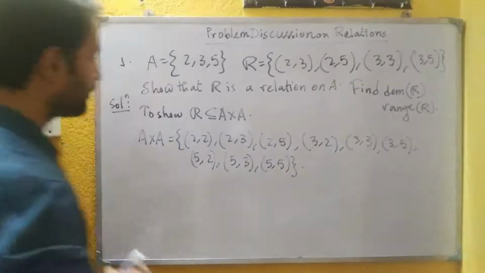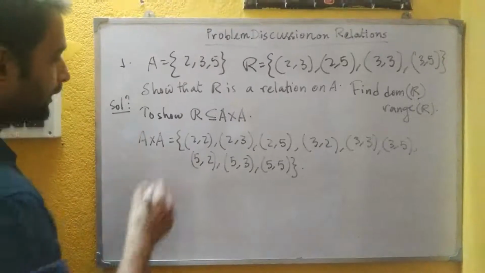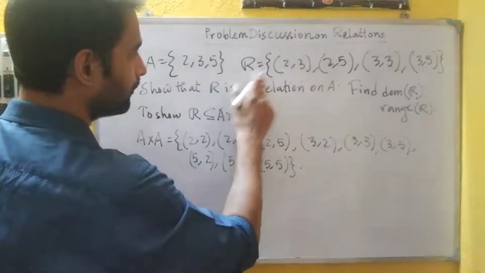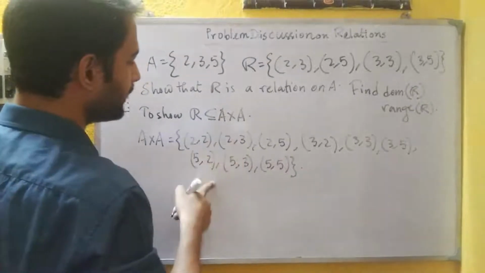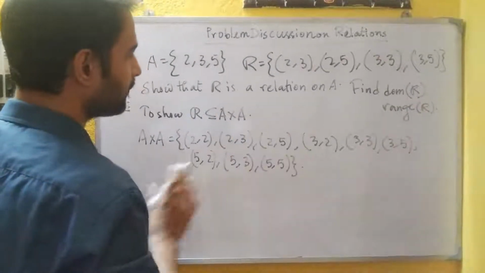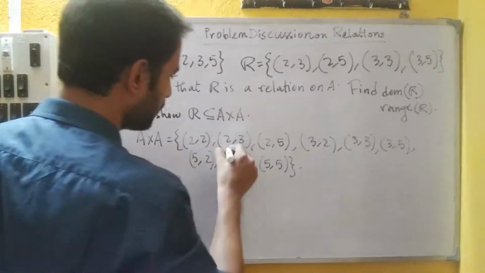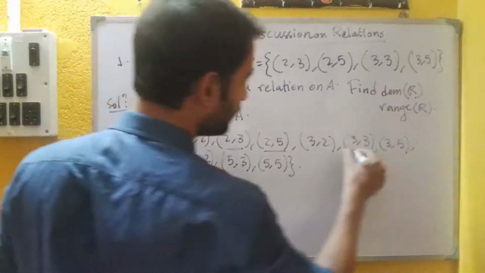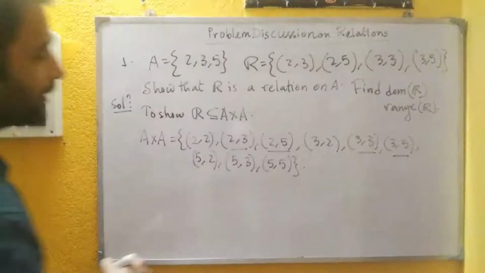So this is the set A cross A, and you can clearly see that the set R of these ordered pairs is included in this set. That means it is a subset of A cross A because the elements are here: 2, 2, 2, 3, 2, 5, 3, 3 and 3, 5.